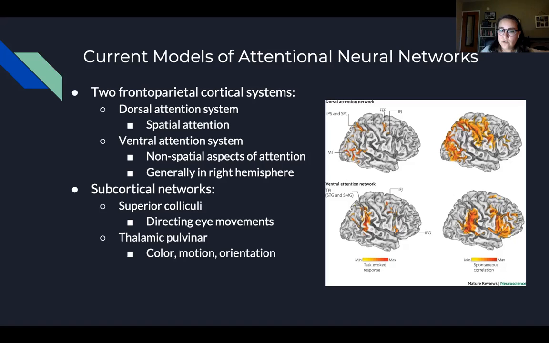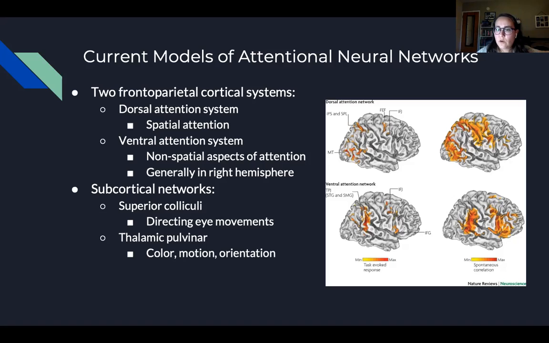Versus the ventral attention system, which is a separate set of neurons. This is concerned with non-spatial aspects of attention, so this is more object-based, like feature detection of objects, object identification, things like that. And interestingly enough, the ventral attention system is mostly in the right side of the brain. We found evidence for that.